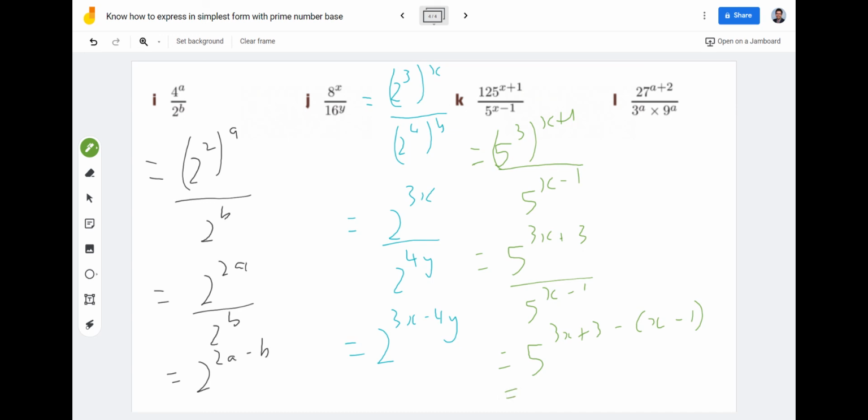Then we'd collect like terms. 3x take x is 2x, and 3 minus 1 is plus 4. Because plus 4, because you've got the minus and minus 1. So that means add.